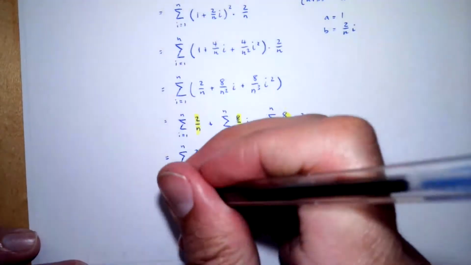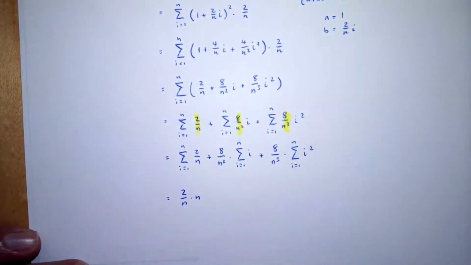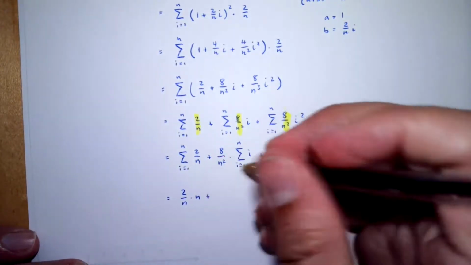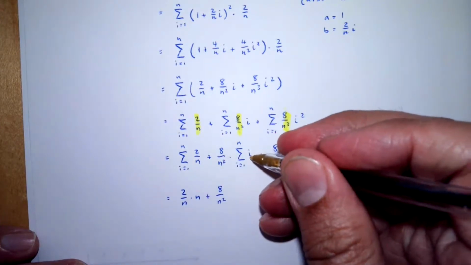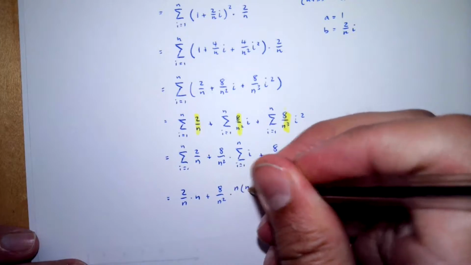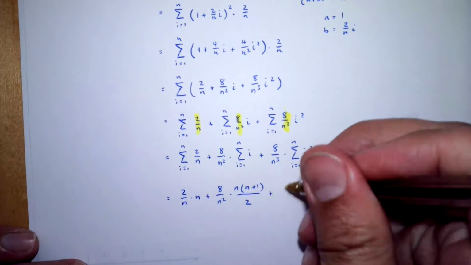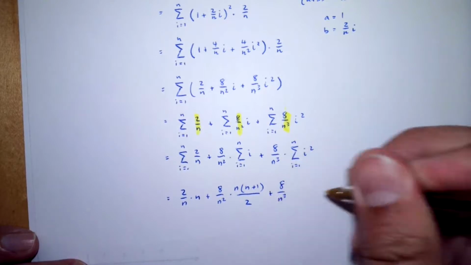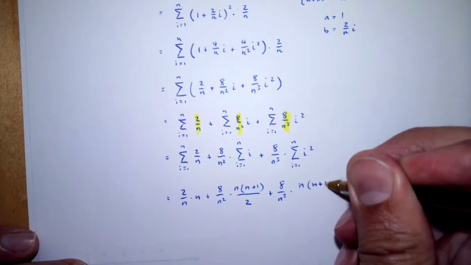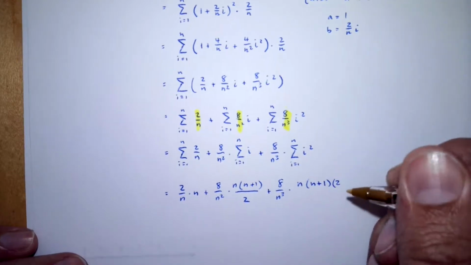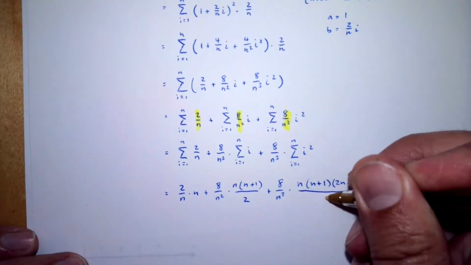This one is just 2 over n times n. Okay, this one is n plus n times n plus 1 over 2. Okay, and then this last one is n times n plus 1 times 2n plus 1 all over 6.